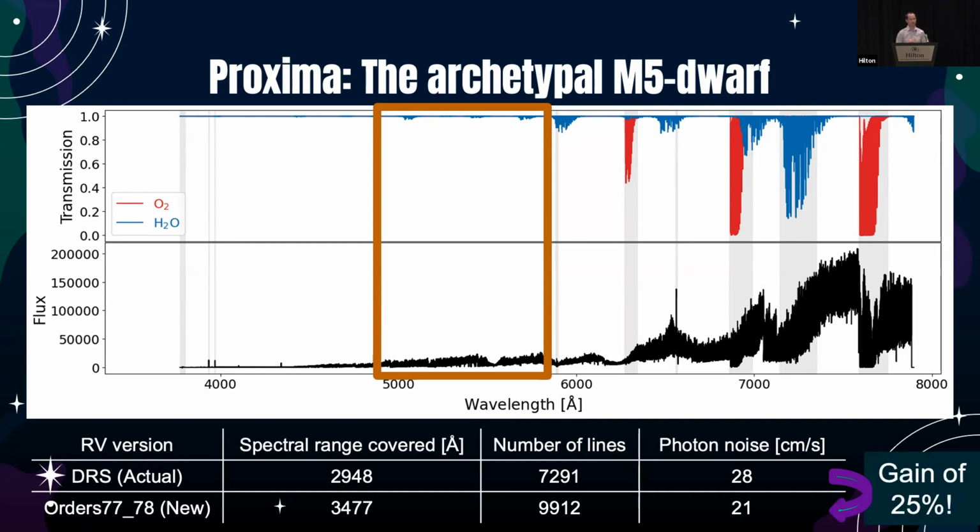This is a gain of 25% in photon noise, so improved radial velocity precision, but it can also be seen as a shorter exposure time to have the same RV precision, and so a better use of the telescope time.